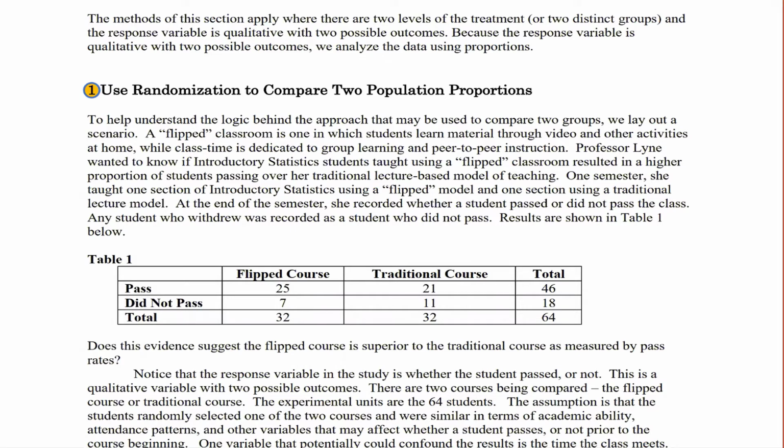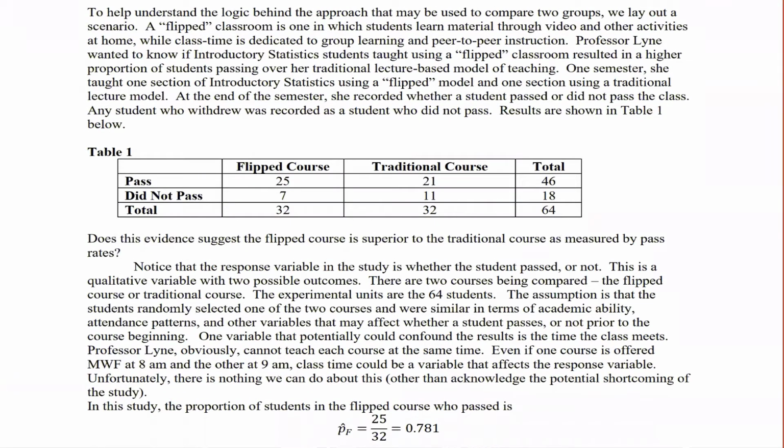Results are shown in the table below. And so you can see here that in the flipped classroom, 25 of the students passed and 7 did not pass. In the traditional classroom, 21 students passed and 11 did not pass.